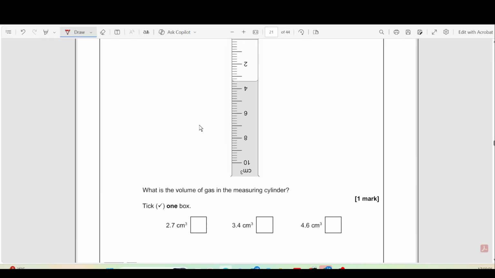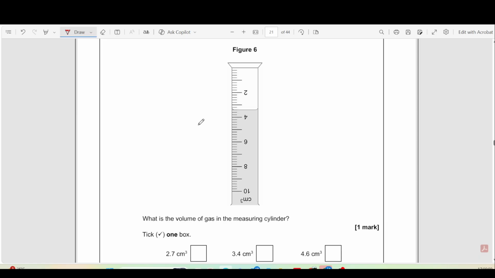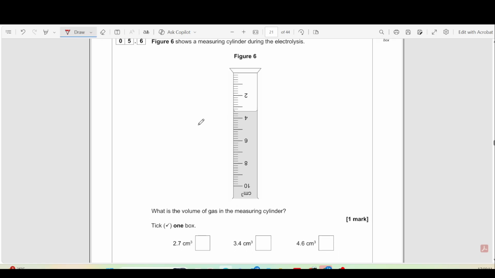You can see there is a measuring cylinder during an electrolysis, and this is asking what is the volume of the gas in the measuring cylinder. So how do we measure this? First, we check the scale orientation. The measuring cylinder is inverted, meaning the zero mark is at the top.